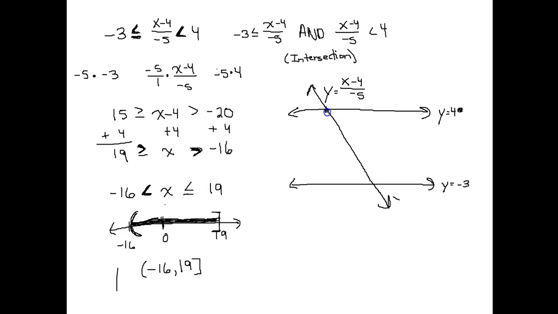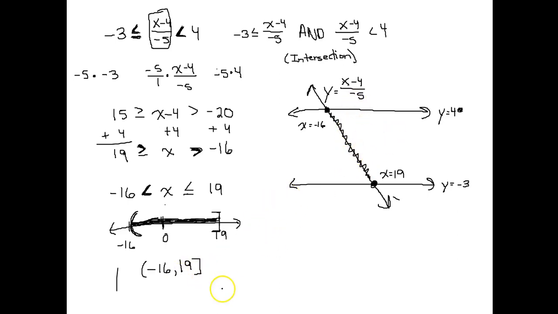I've determined that the point of intersection there is at x equals negative 16. And the point of intersection there is at x equals positive 19, which is confirmed by the solution I got earlier when I worked this out analytically. Now I'm trying to see where this x minus 4 over negative 5 is sandwiched between negative 3 and 4. And that occurs right here, in between negative 16 and 19.